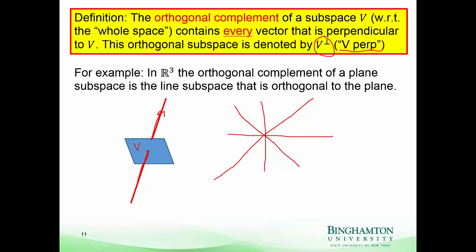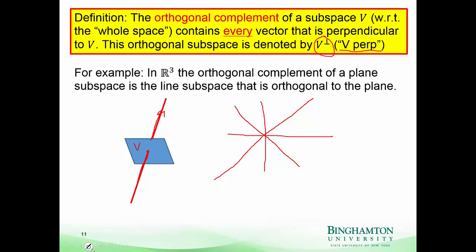The dimension of V is 2, the dimension of this line is 1, and they add to 3. Here we're in R2, we started with this line, the dimension was 1, and so that only left one dimension for the orthogonal complement. The orthogonal complement takes up all the remaining levels of dimension, is one way to say it.